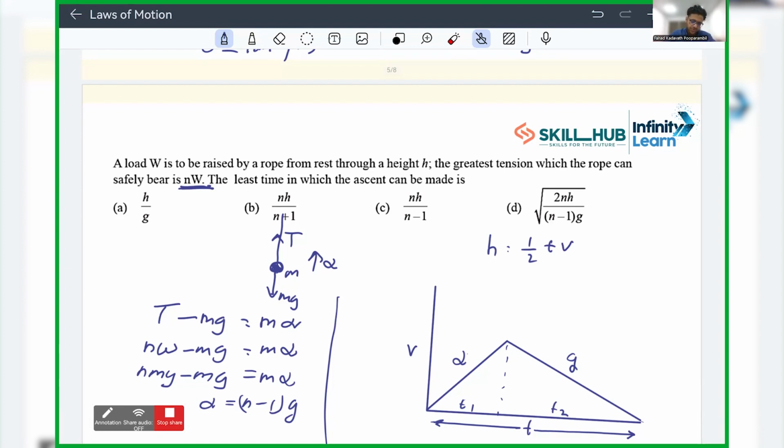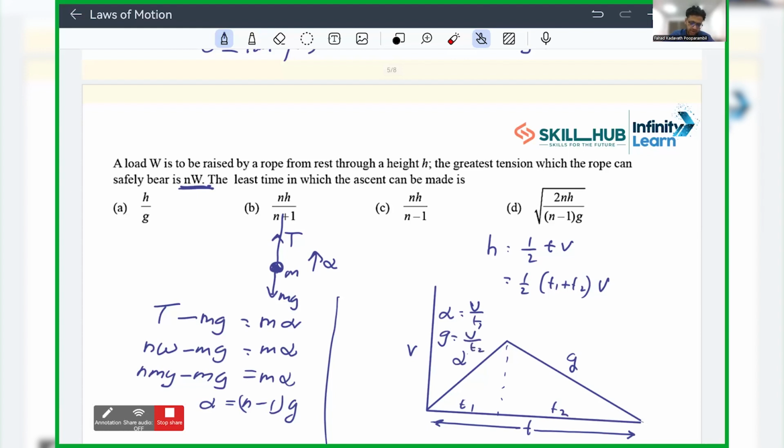We can also split the area into two triangles. In order to accommodate t1 and t2 in the equation, we can write it as half into t1 plus t2, multiplied by v. Again, we know alpha can be written as v over t1, since it starts from 0, and g as v over t2, since it goes to 0 from velocity v.